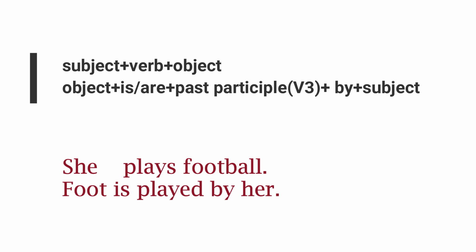Now object is football. We use is because football is singular in subject, right? Played is V3. Play, played, played. It is a regular verb. By whom? By her. She becomes her.